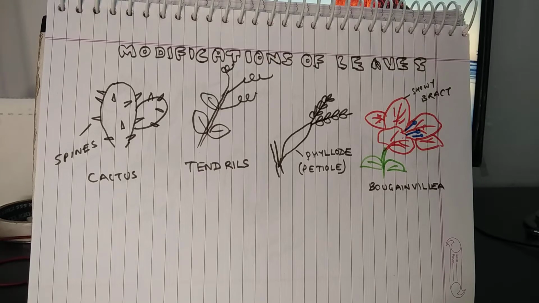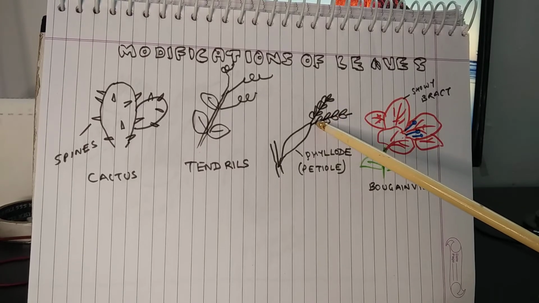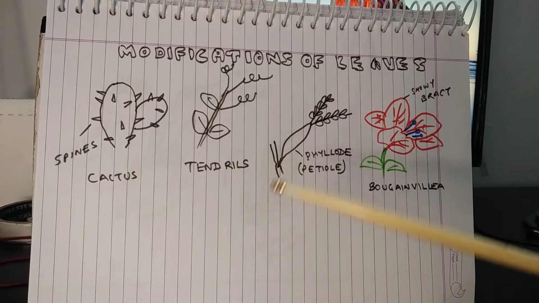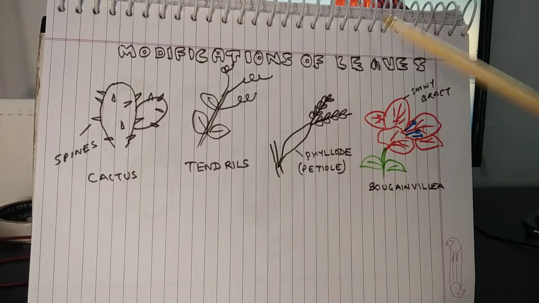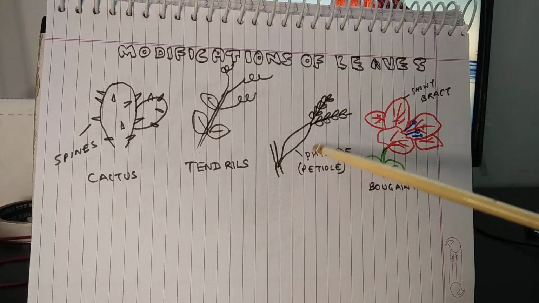In acacia, what happens? The leaf stalk or petiole is modified into phyllode, and the small leaves appear at the end of the phyllode. So this phyllode is a fleshy structure. This is succulent.